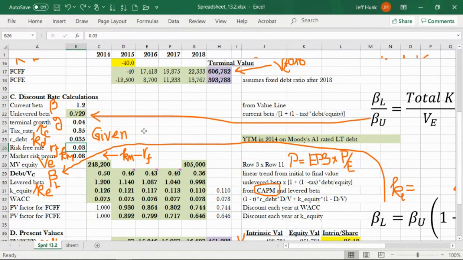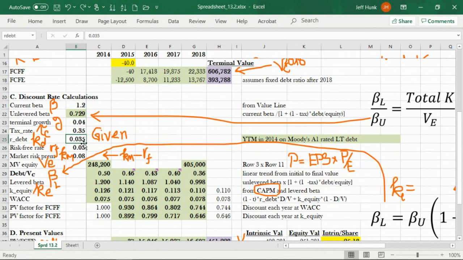Nothing is more risk free than the treasury. So even if this company's debt is high quality, like triple A or double A, there should be some risk premium, a default risk premium.